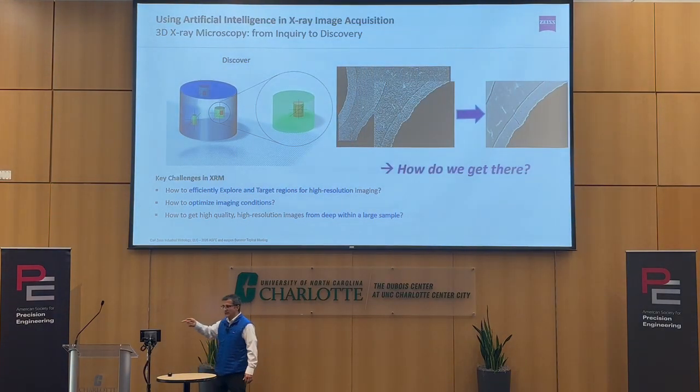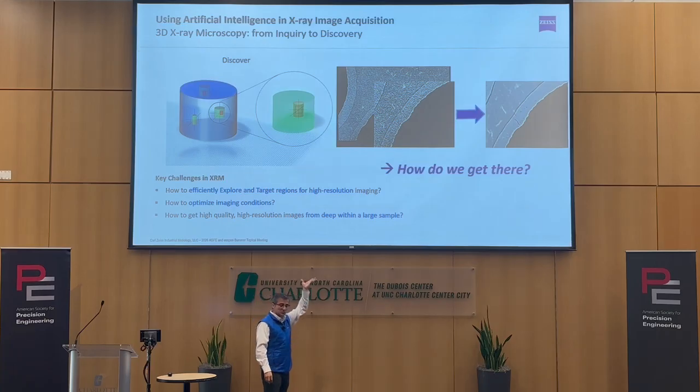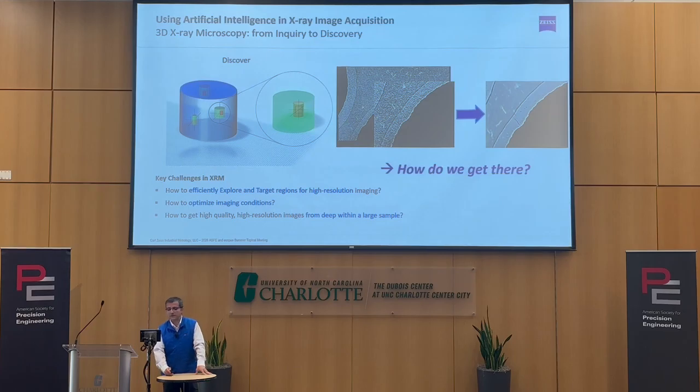And the key question here is, trying to do multi-scale imaging with X-ray is a bit challenging because you have to explore different target regions. You can optimize the imaging conditions, but you can get into very long scans. When you get to high resolution, you also get a lot of noise, and that's due to the nature of the X-ray behavior.